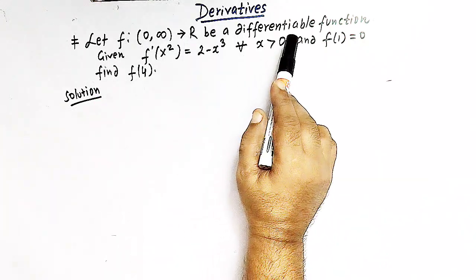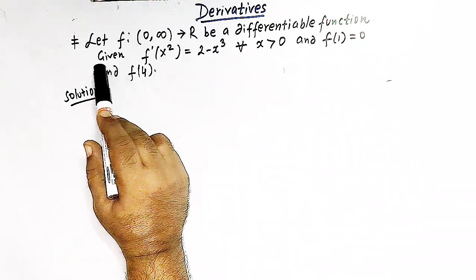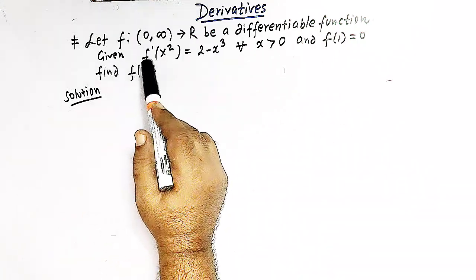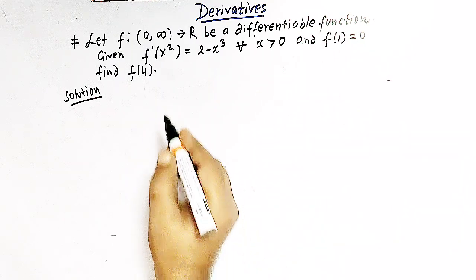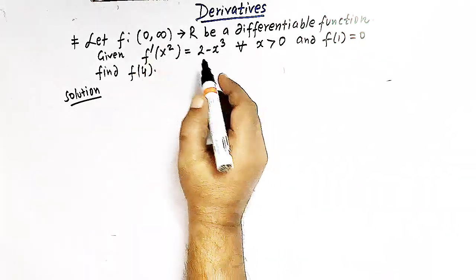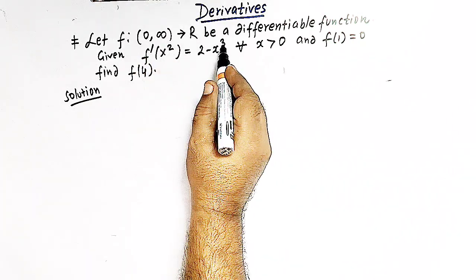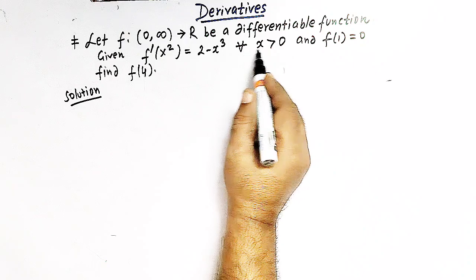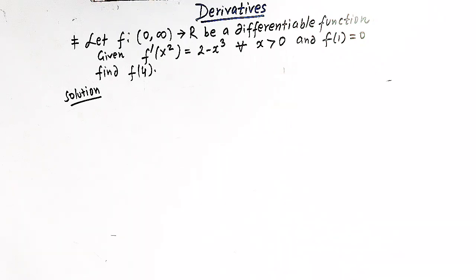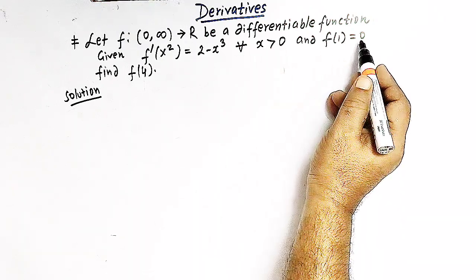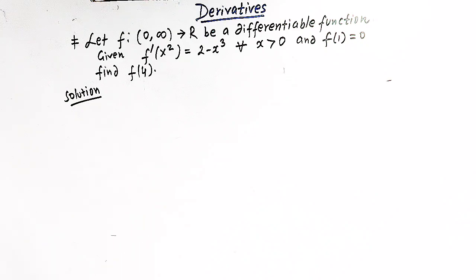This function is given to be a differentiable function, and further we are given that f prime of x square is given as 2 minus x cube for all values of x greater than 0, and f of 1 is given as 0, and we have to find the value of f of 4.